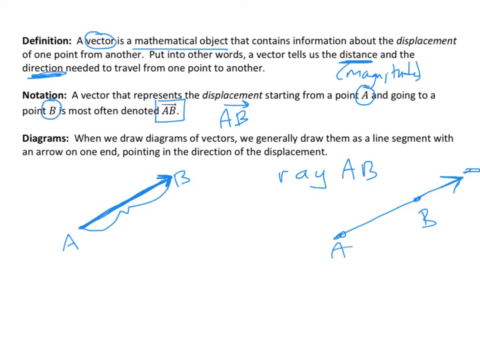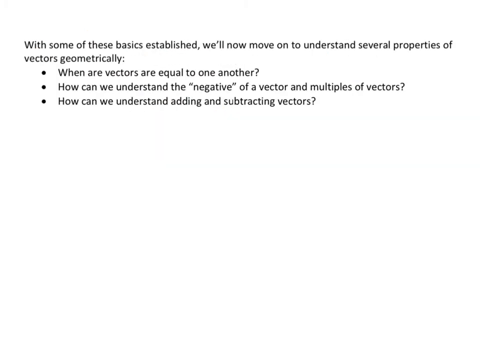So now that we've got some of these basics established, we need to move on to talk about several properties of vectors geometrically. When you very first learned about numbers, like as a little kid, you would maybe talk about when numbers are equal to one another. You might have talked at some point about negative numbers. At some point you talked about adding numbers and subtracting numbers.